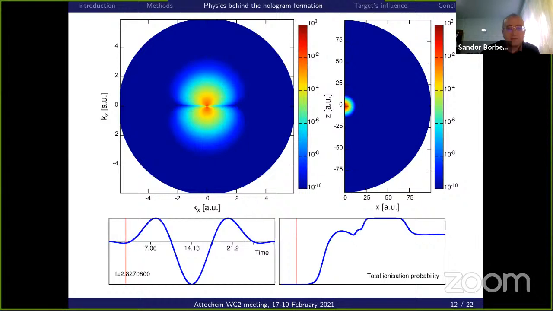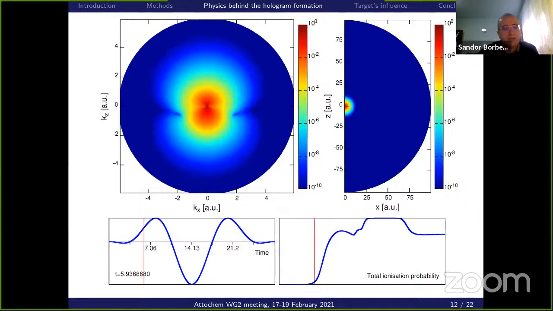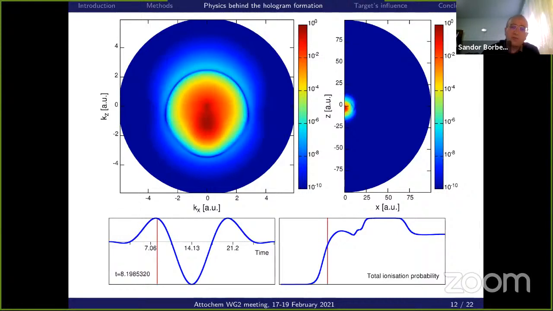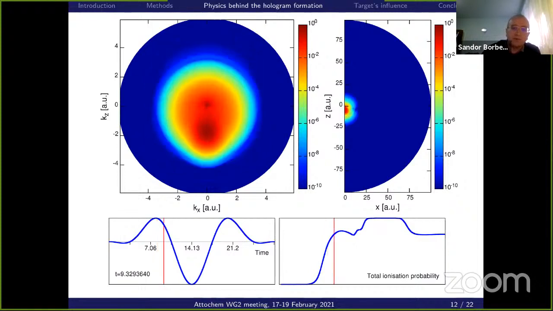As you start the simulation at low and moderate intensities, you see a very nice dipole-like photoelectron distribution. But as you increase your field intensity, you arrive at tunneling and over-the-barrier ionization, where you create a very large unidirectional and compact electronic wave packet, which departs from the core.